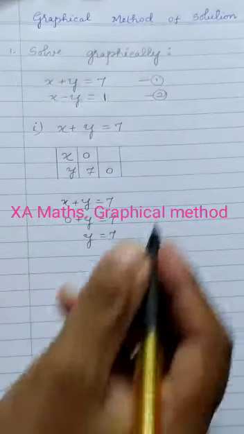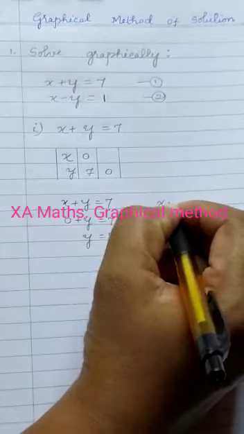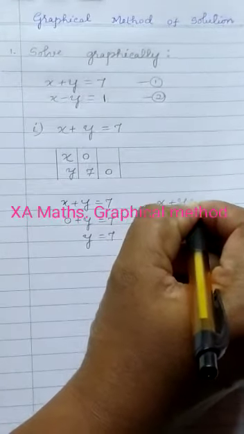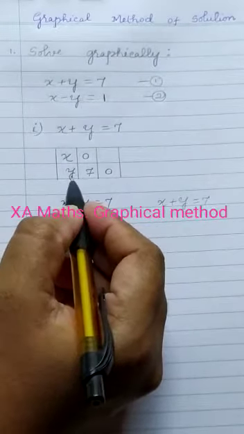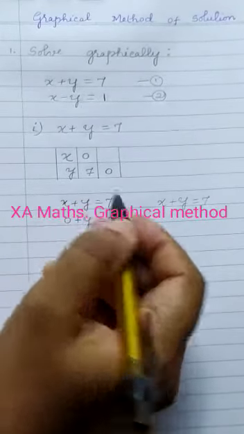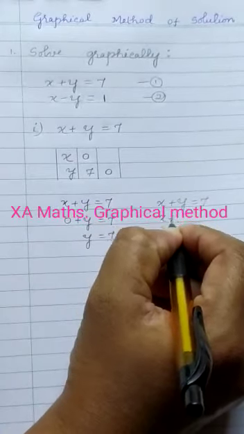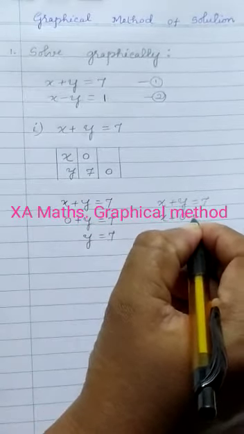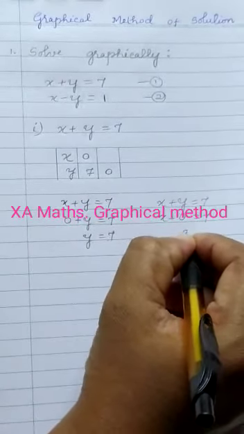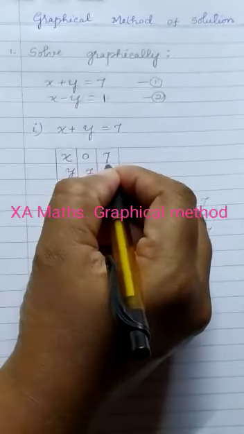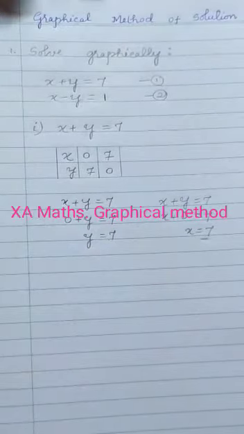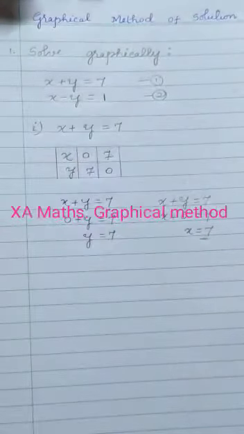Next again write x plus y is equal to 7. Now which value do we have to give? For y we have to give 0. So x plus 0 is equal to 7, so x is 7. So this is the first straight line we are getting.